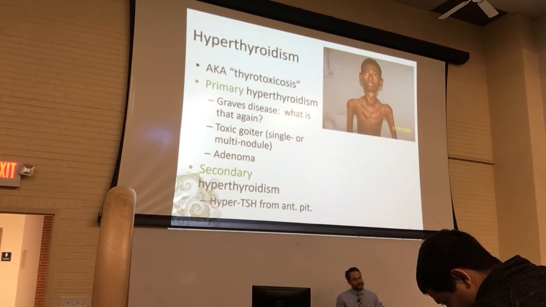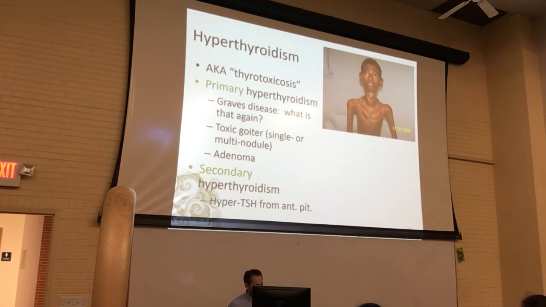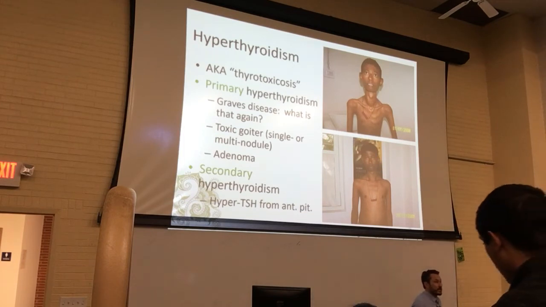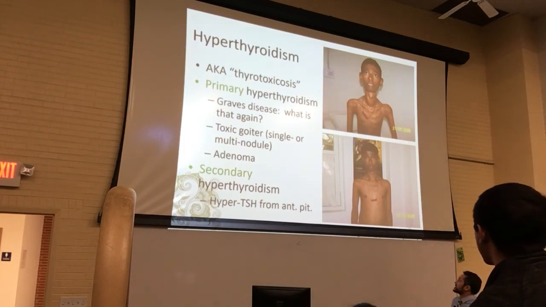Okay, so I haven't gotten to this next picture. This is July 7th of 2008. You see this young man. In this particular case, it wasn't surgery that they did. They actually gave a thyrostatic drug known as carbimazole. Carbimazole is a thyrostatic drug that kind of poisons the thyroid gland and slows down its activity.